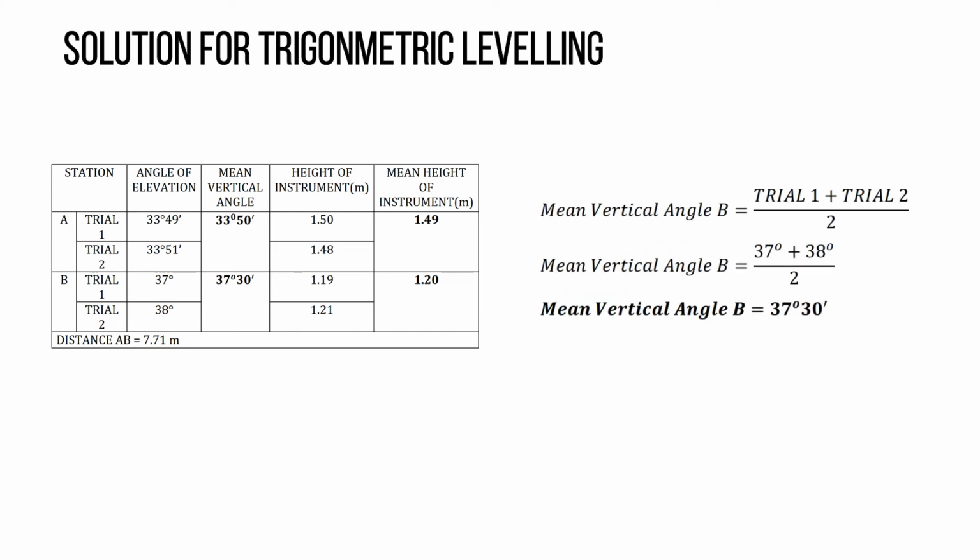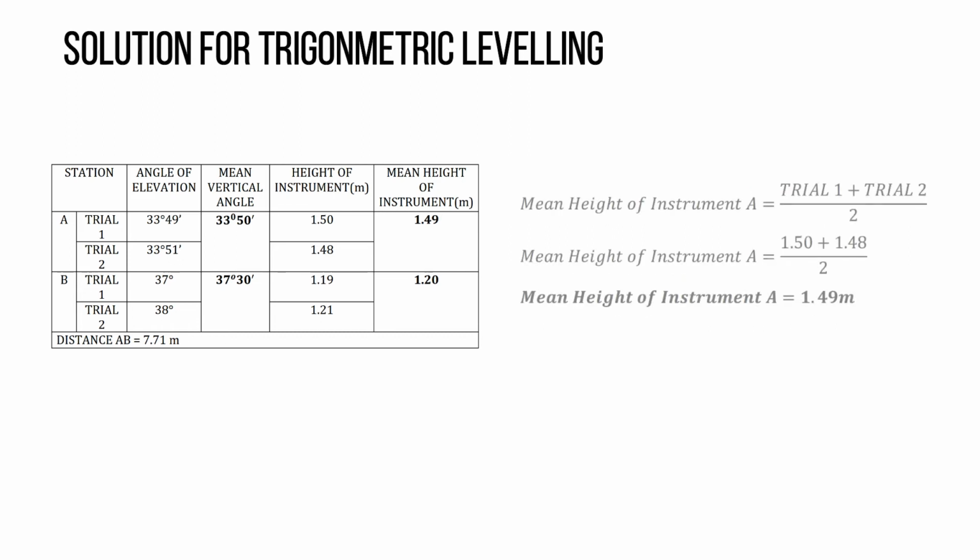To get the mean vertical angle B, it is the same as the solution for A. Simply add trial 1 and trial 2, then divide by 2. Therefore, by substituting the data, mean vertical angle B is equal to 37 degrees plus 38 degrees over 2. That yields the answer 37 degrees 30 minutes.